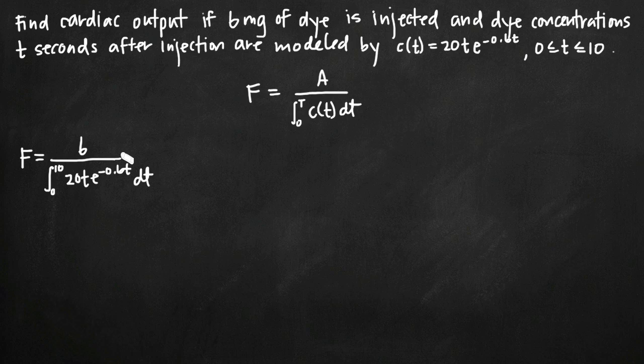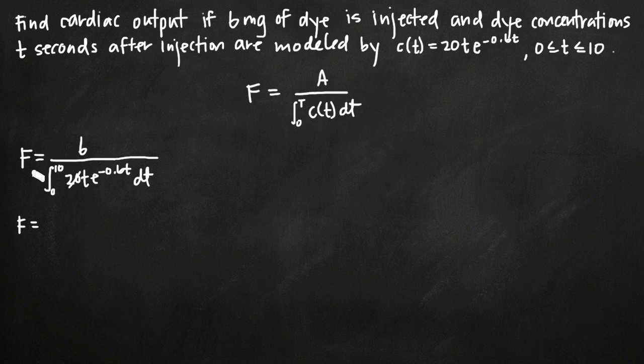And obviously the only difficult part now is finding the integral. And in this case, we'll need to use integration by parts in order to take the integral. The first thing we can do, though, is pull the 20, which is a constant coefficient on this product here, out in front of the integral.